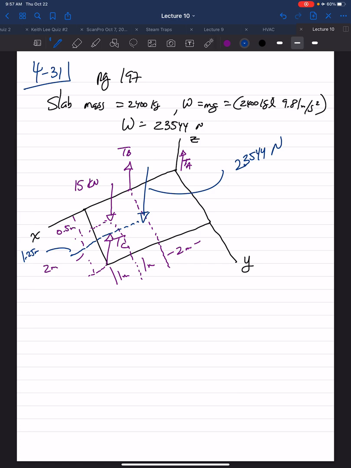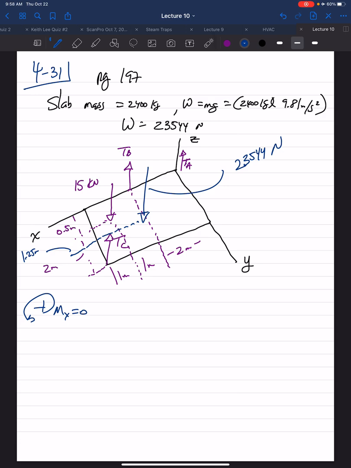Okay. So if I take the moments about the x-axis, then we can eliminate TB and TA because they lie on the x-axis and therefore do not cause a rotation about the x-axis. However, TC does, and TC causes a positive counterclockwise rotation about the x-axis.